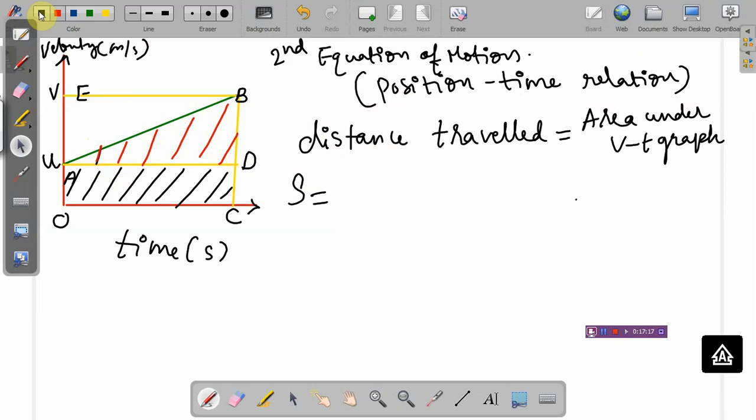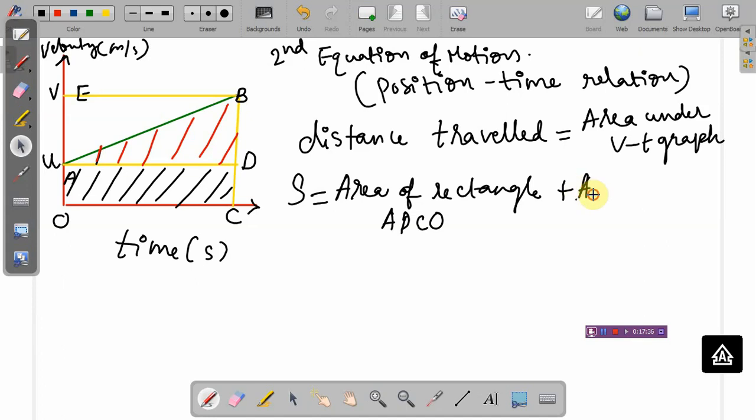So it will be the area of the rectangle here, the rectangle is ABCO, plus area of the triangle.